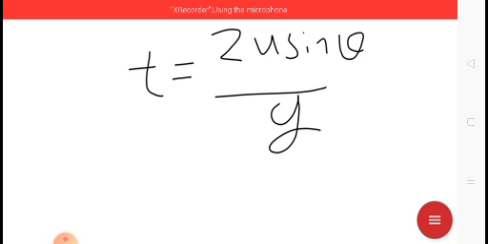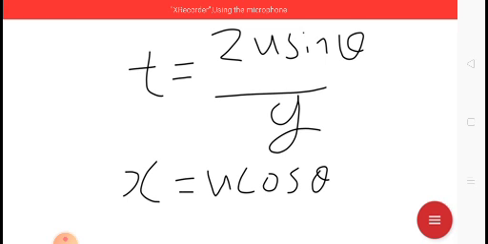If the question asks you to find the range, the range x will be equal to u cos theta times t. So it depends on the t that you want. If you want to find the total horizontal distance traveled, the range, you just put this t inside.